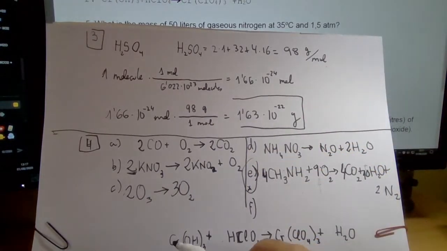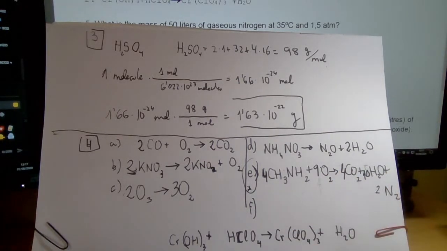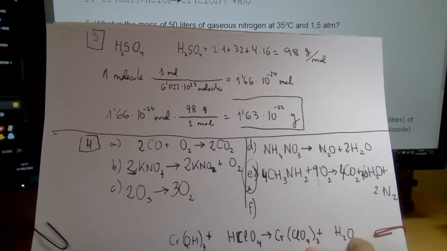Okay, so we have one chromium, that is okay. 3 and 4, 7 oxygen. 12 oxygen. Oxygen is not okay. And hydrogen, we have 3 and 1, 4. Okay, so I have here the problem with oxygen.